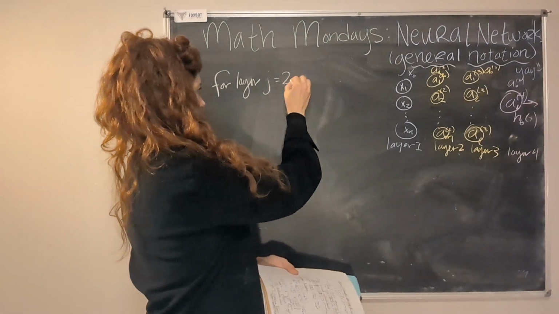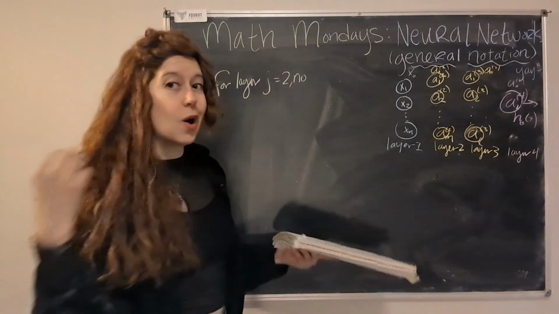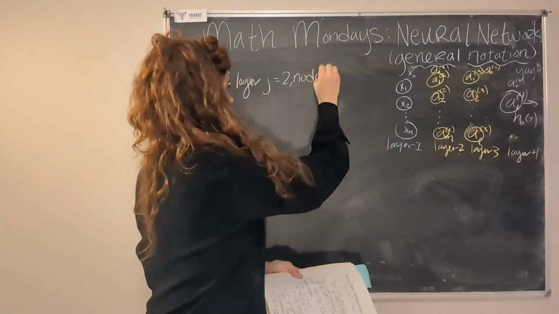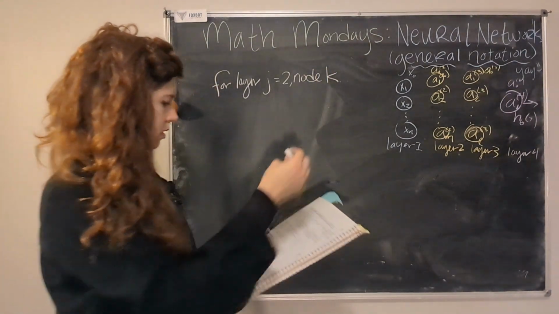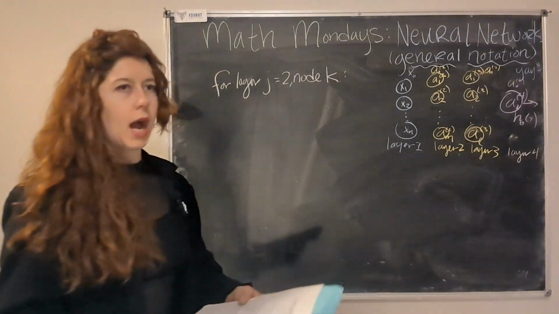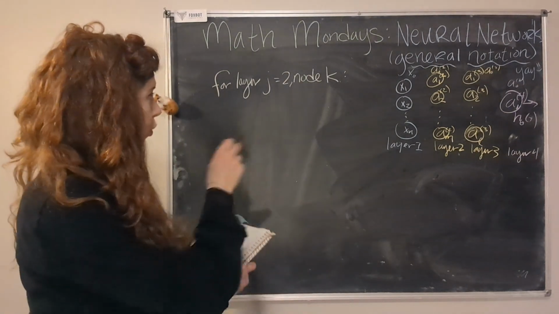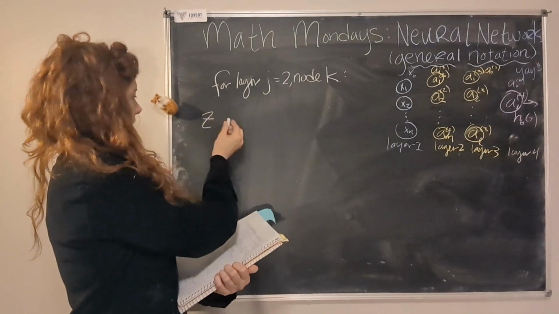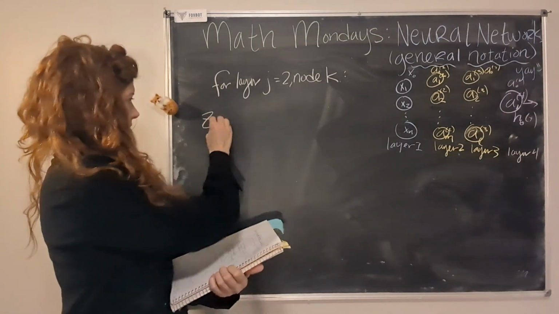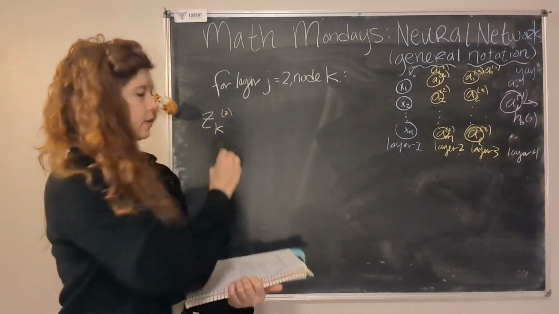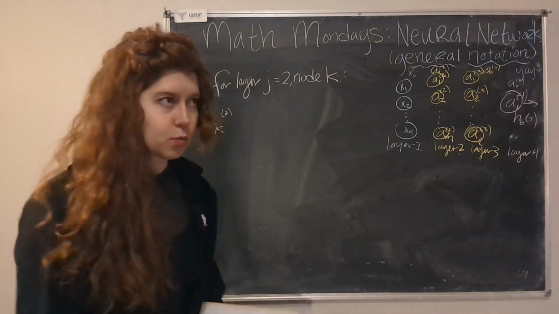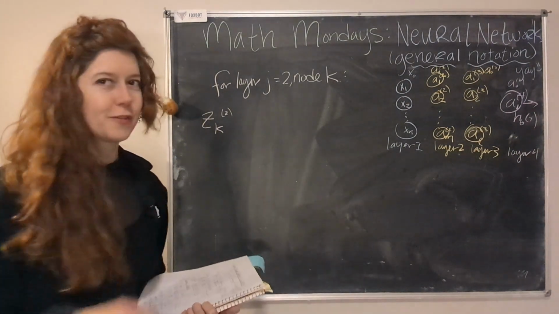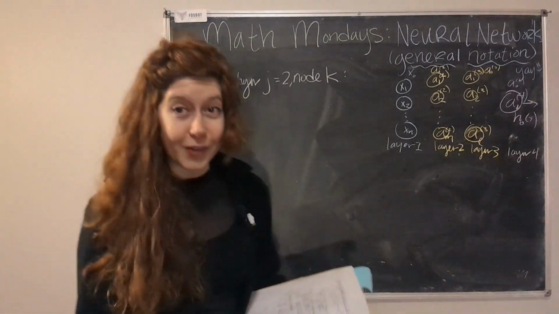So for layer J equals 2 and some node K, our variable for that artificial neuron is going to be represented by a z. And you're like, wait a second, why z? Let's refresh very quickly.